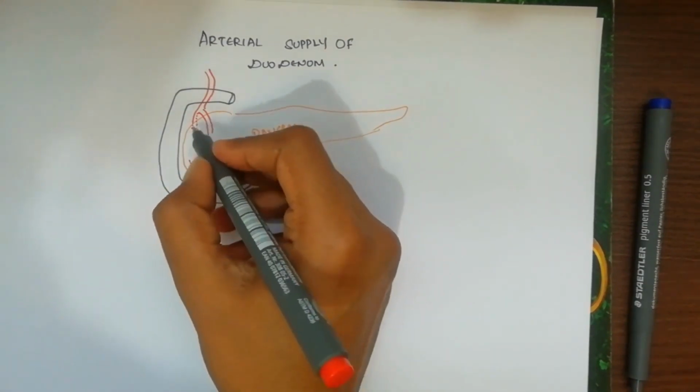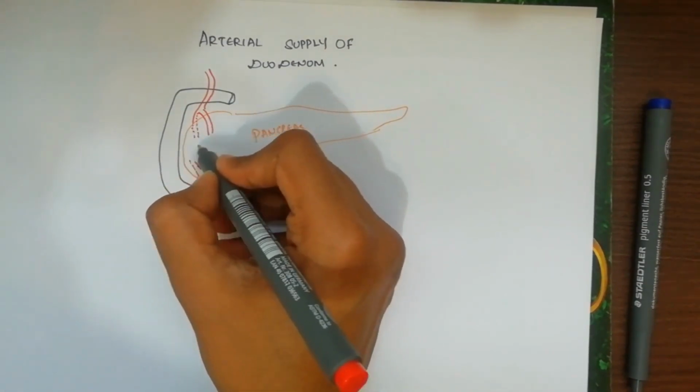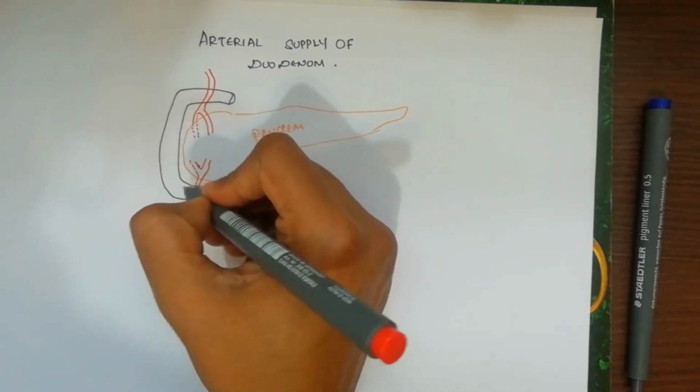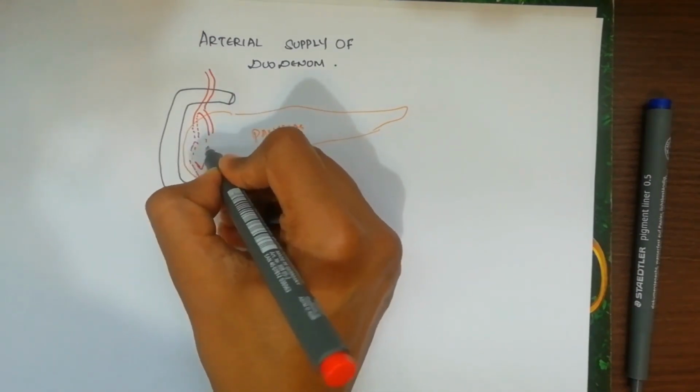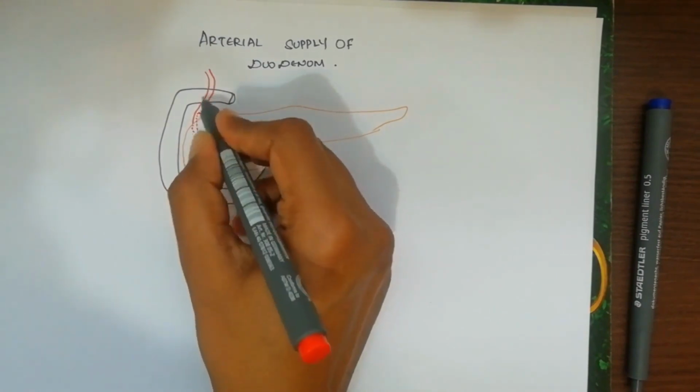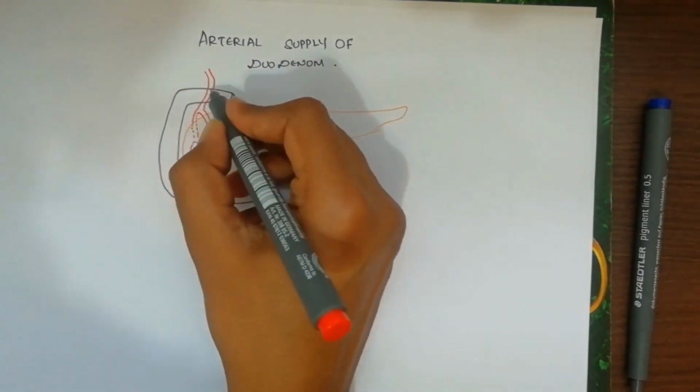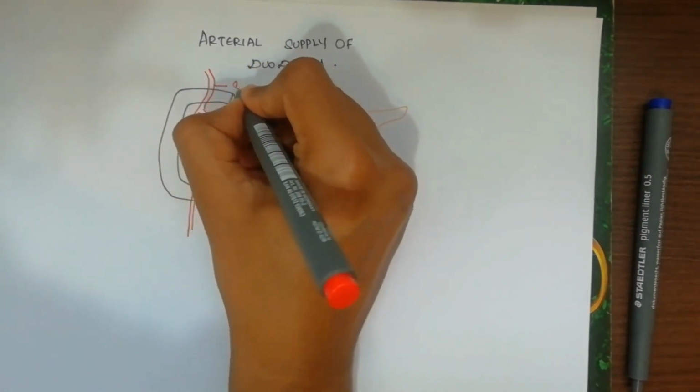Both will get anastomosed near the groove between pancreas and duodenum. So in this part it is getting anastomosed and it is going to supply the whole of the duodenum except the first part.